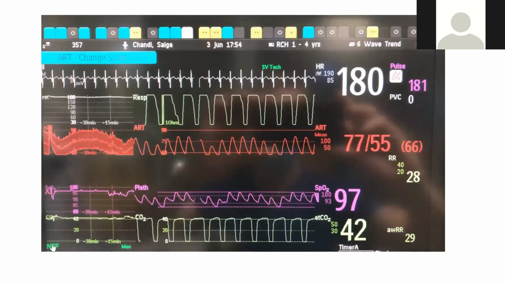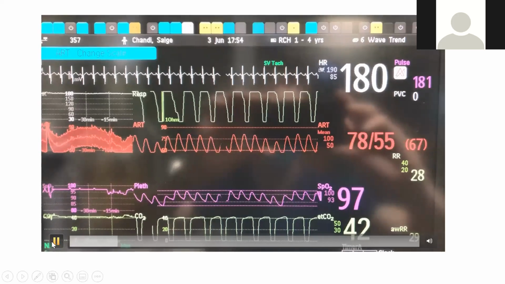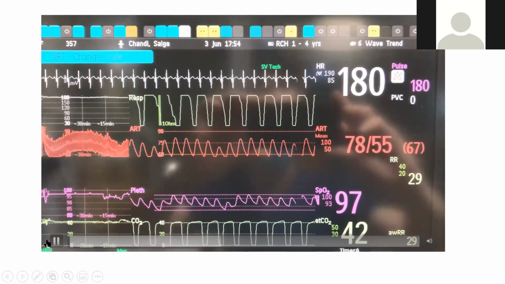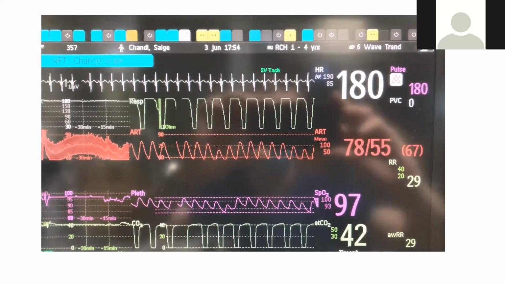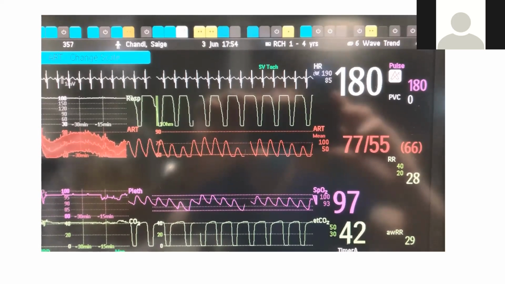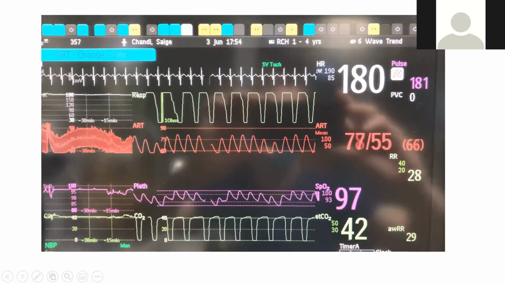Oh, I want to show you this. I want to show this because when we see children who've got airway obstruction, just watch this. Can anyone see what's wrong? I'll show you it again. What's the main abnormality there?